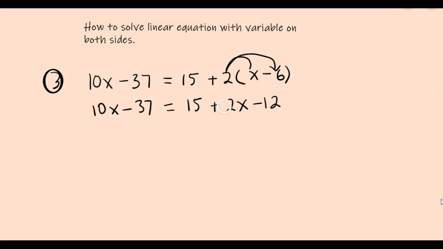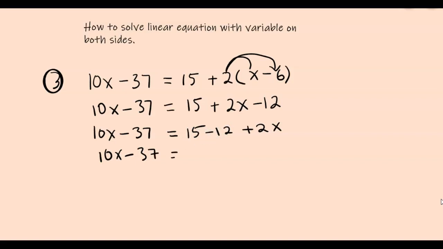Here we have 15 and we have -12 here. So they are of the same class, so we have to bring them closer. -15 minus 12 give us 3.